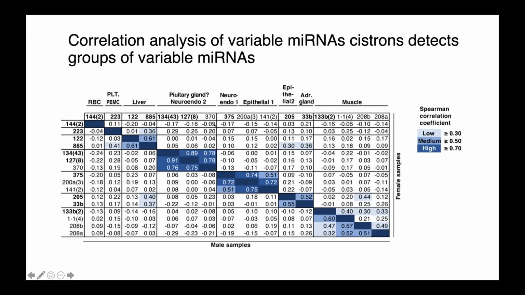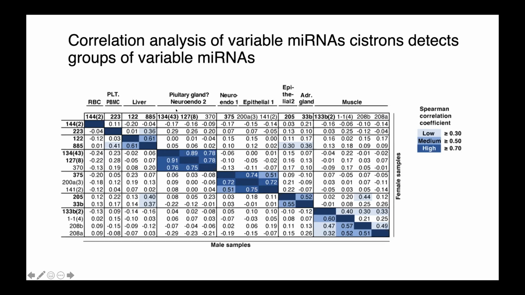In addition to that, we observed that some of the highly variable microRNAs, including neuroendocrine microRNA 375, are correlated with certain epithelial microRNAs. These are actually all elevated in individual P12. They also seem to form one correlated group.